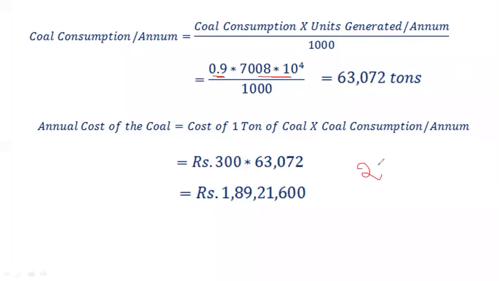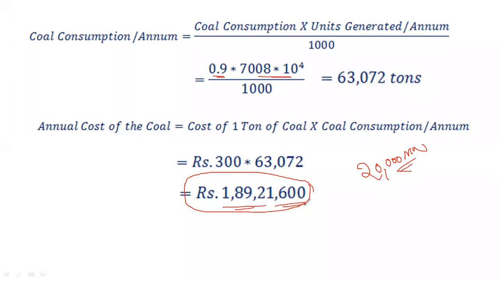We want to generate 20,000 megawatt power per day. The annual fuel cost is 1 crore 89 lakhs 21,600. This is only the fuel cost.